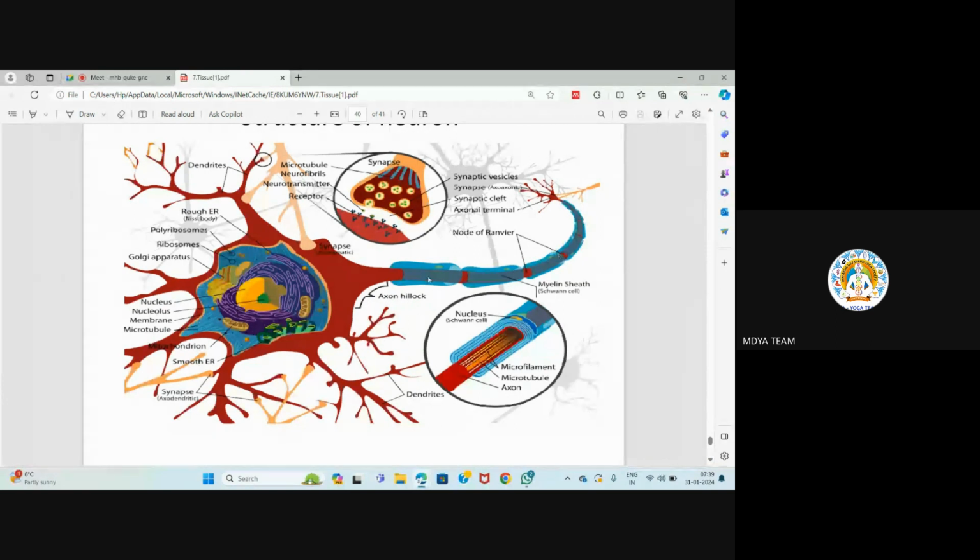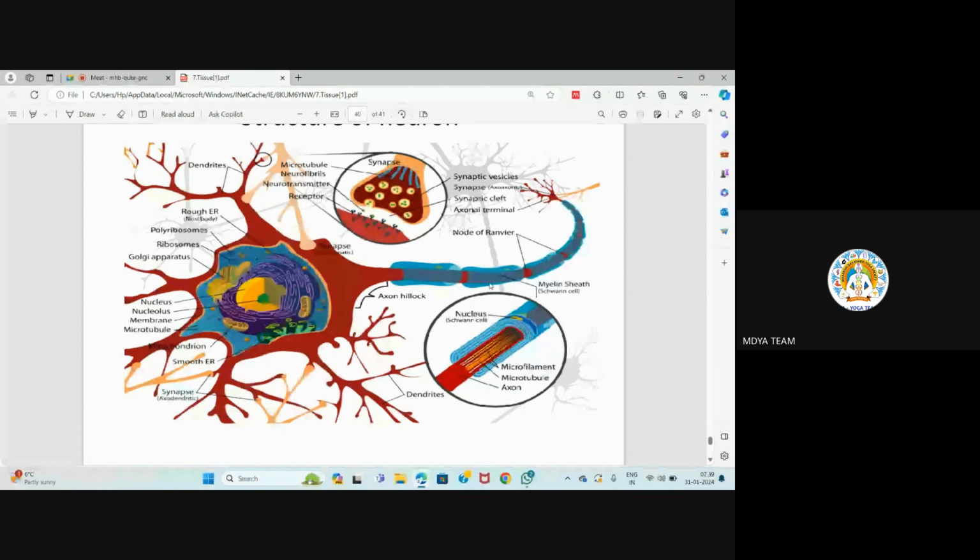So why are they covering the axon? Dendrites are receiving information. It is processed in the cell body. Then the information is conveyed through the axon to the axon terminals. But the axon is very long and it is a longer pathway, so the conduction of information may take a longer time. That is why the myelin sheath covers it, so that the conduction of information becomes faster.